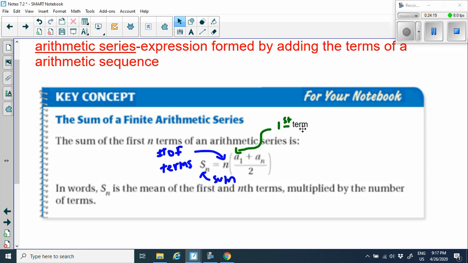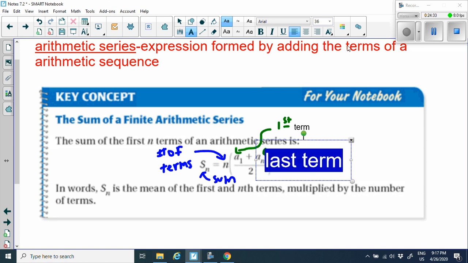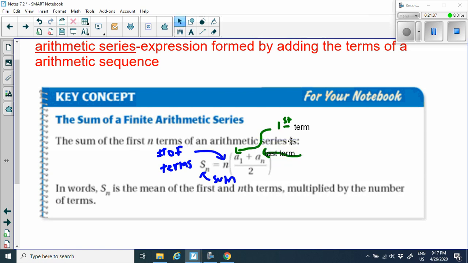And then your a sub n, that's going to represent basically your last term. Okay, so now we're going to go ahead and use this formula to do the next example.